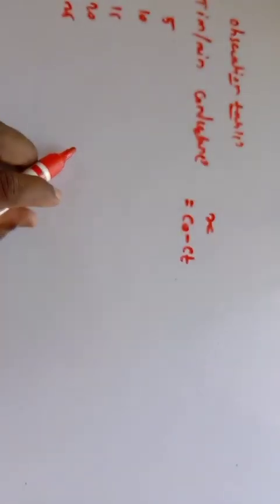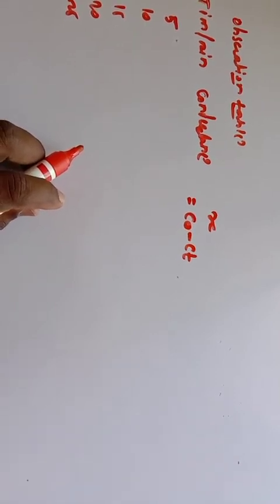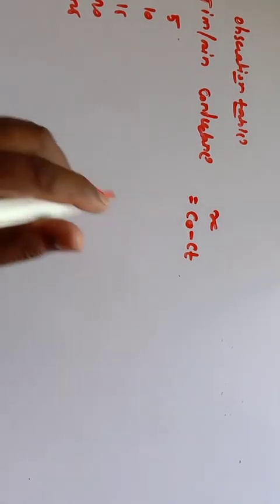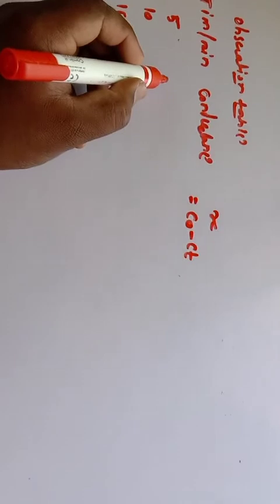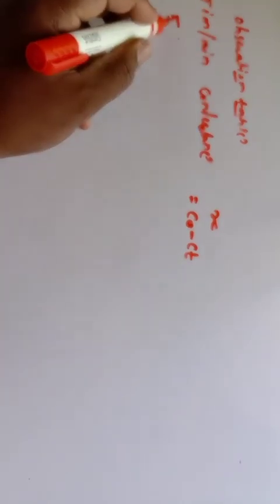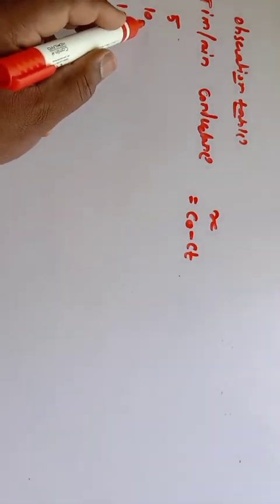So C0, we are very much familiar, is the conductance of 0.01 molar NaOH solution, and Ct is the conductance at different times. For example, the conductance at 5 minutes, then at 10 minutes.